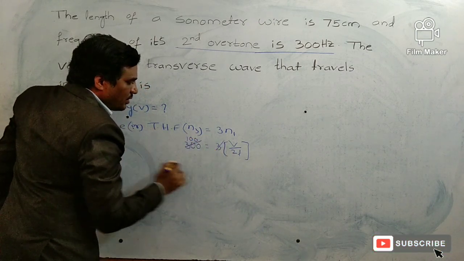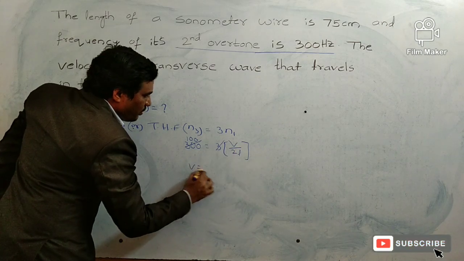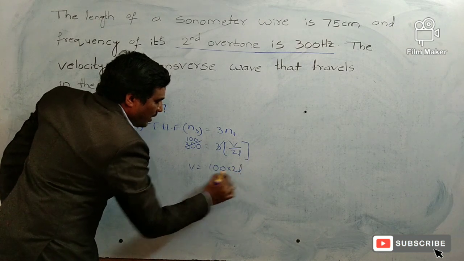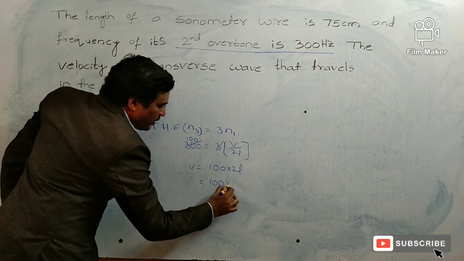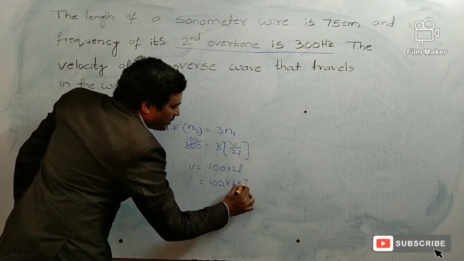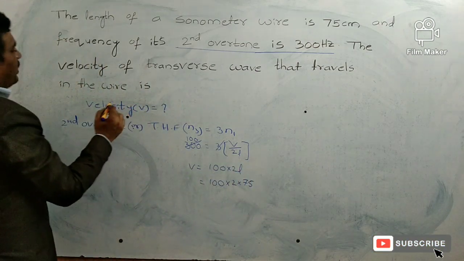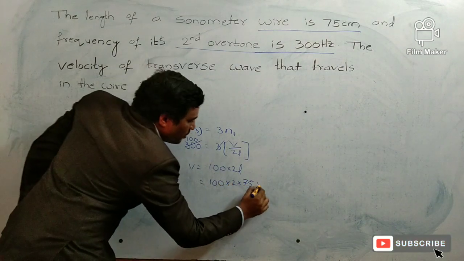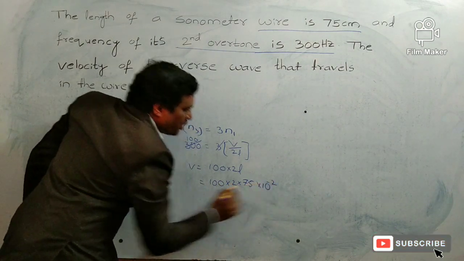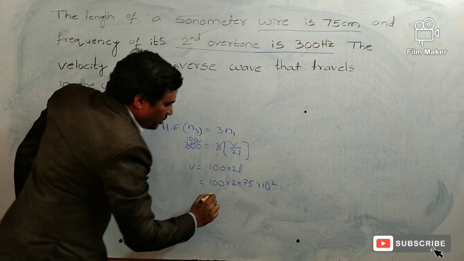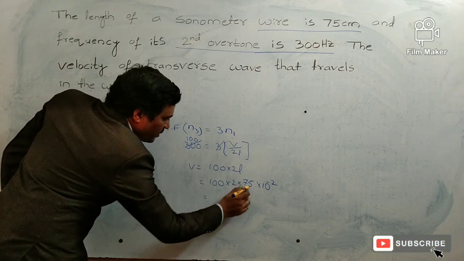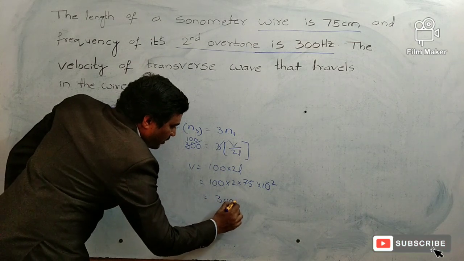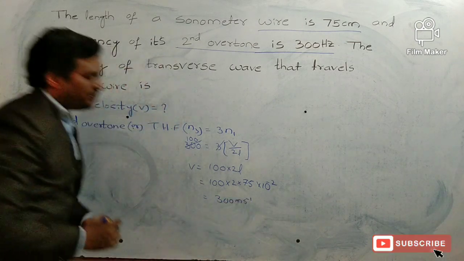So v equals 100 into 2L. L is 75 centimeters, the length of the wire, so convert it into meters: 75 into 10 to the power of minus 2. So it is 300 meter second inverse.